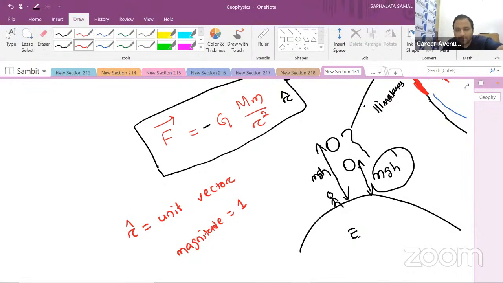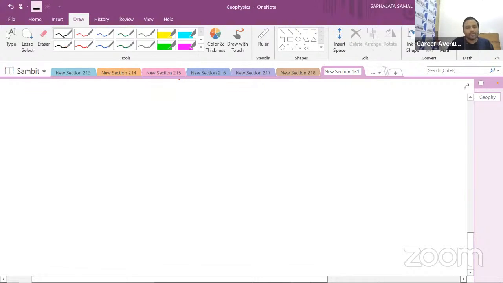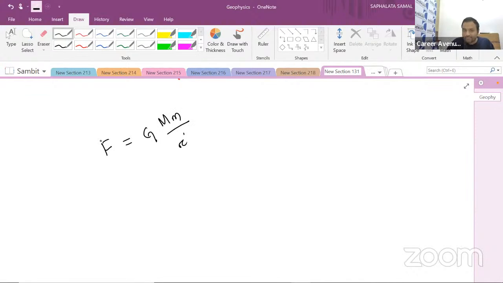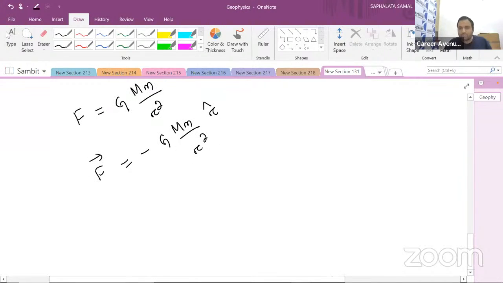So if I summarize what we have discussed till now, Newton's law says that F is equal to G mm by r square in the scalar form. In the vector form, it will be minus G mm by r square into the unit vector. If I multiply something by 1, the value does not change. Similarly, the unit vector r only gives the direction to the force. So this is what Newton's law is.